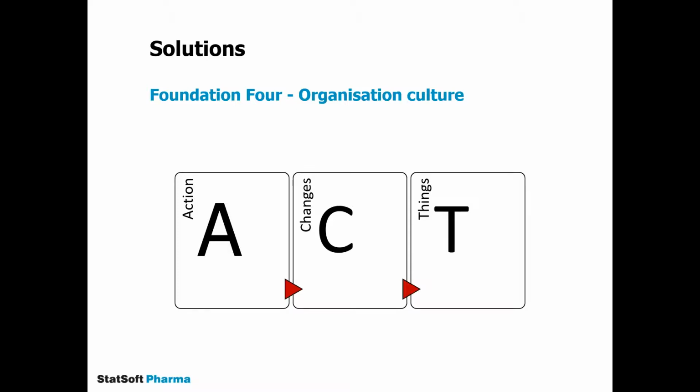Foundation 4, organizational culture. The introduction of statistical process control tools alone is not sufficient to improve the efficiency of the organization. Why? Control charts are as effective as an organization uses the knowledge resulting from the implementation of its statistical process control program. And this knowledge is only useful when it is the source of action.